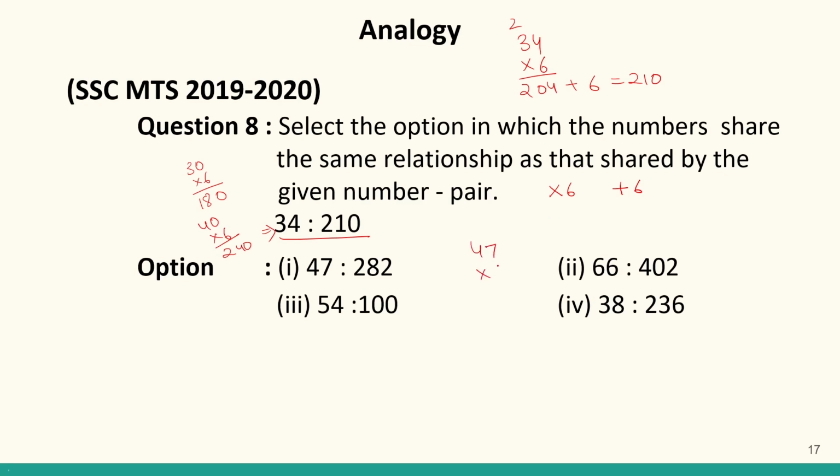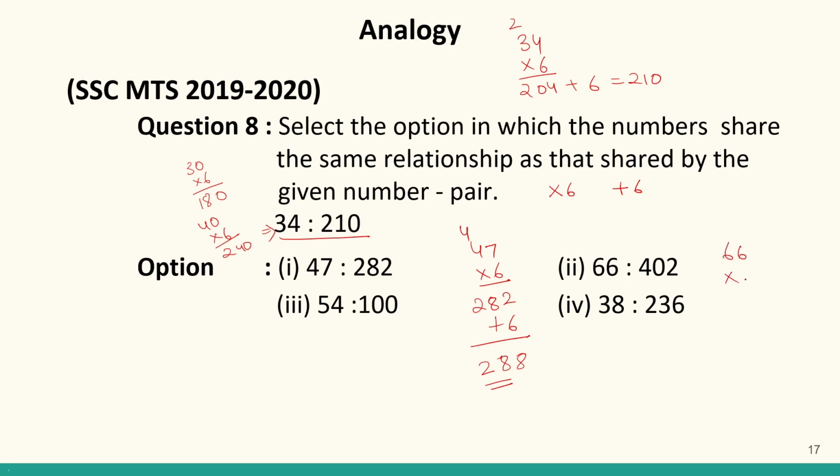So if I multiply 47 by 6, I'll get 282. And I have to add 6 into this as well. If I add 6 into this, I'll get 288. So this does not follow. Similarly for here, let me check.